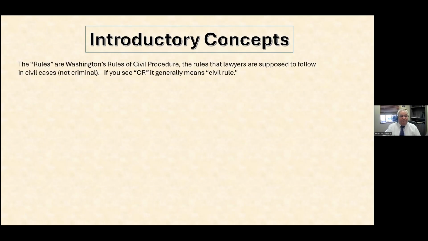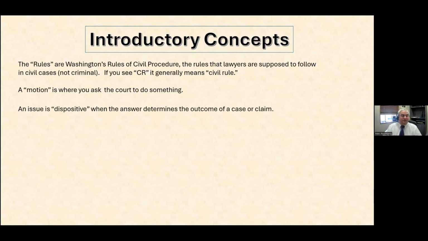So we're going to talk about civil rules, or CR, and each of the dispositive motions has its own number for civil rules. Now, a motion is where you ask the court to do something. So if you want to get the case dismissed, you make a motion to get the case dismissed. And when you make a motion that is dispositive, it's dispositive when the answer determines the outcome of a case or a claim.